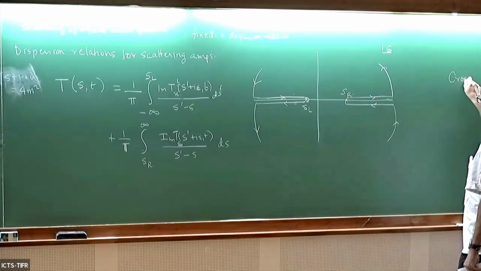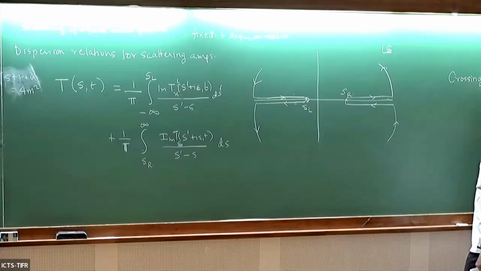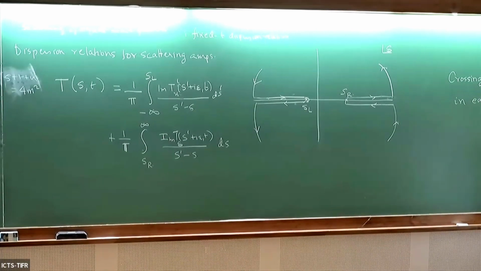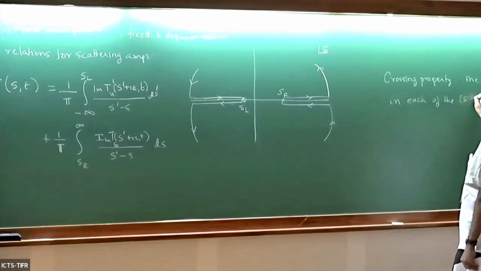The crossing property is associated with the fact that the scattering amplitudes in each of the channels, what channels?